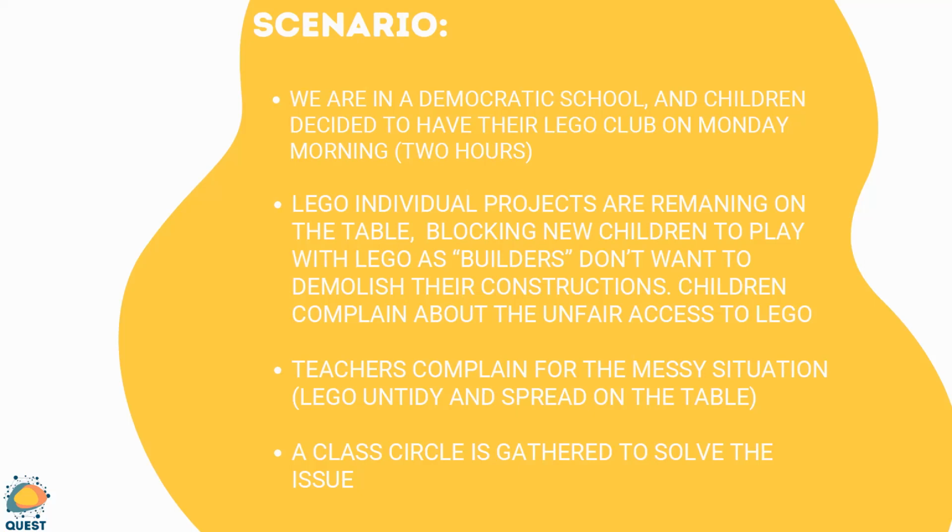That's a real example from my children's school, where they had a Lego club, and some kids wanted to keep their construction on the table all the time, which stopped others from using the building blocks of Legos. And they arrived two weeks ago at a consent decision on how to deal with that. So just small details that arise every day in your school life could be addressed with consent decision making.